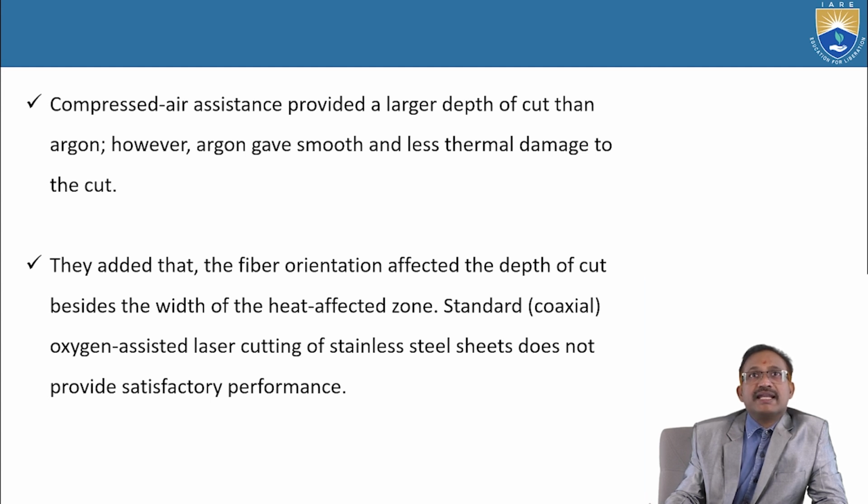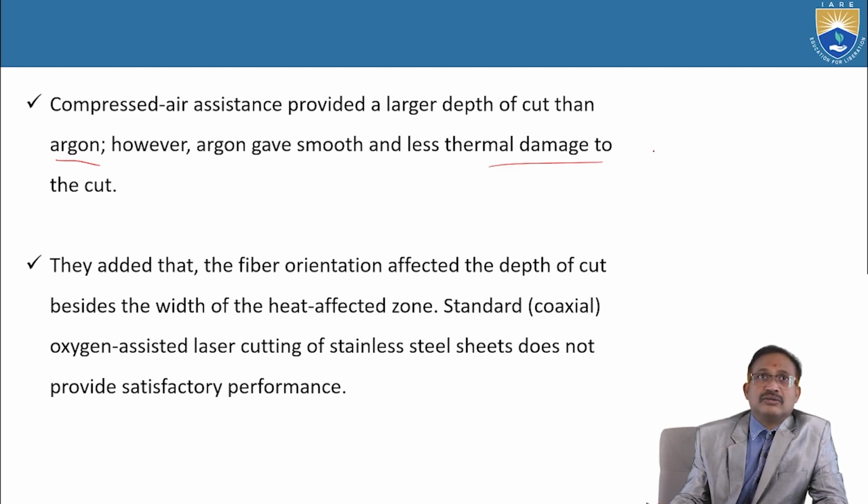Next, compressed air assistance provided a larger depth of cut than argon. Okay, so basically inert gases would be better, but here compressed air assistance provided a larger depth of cut than argon. However, argon gave smooth cuts and less thermal damage.